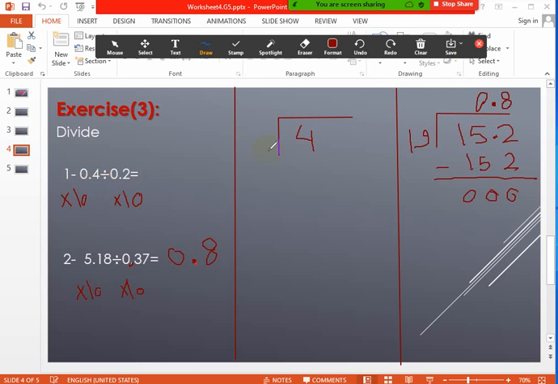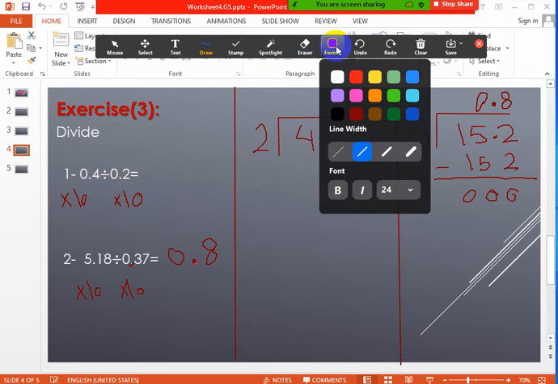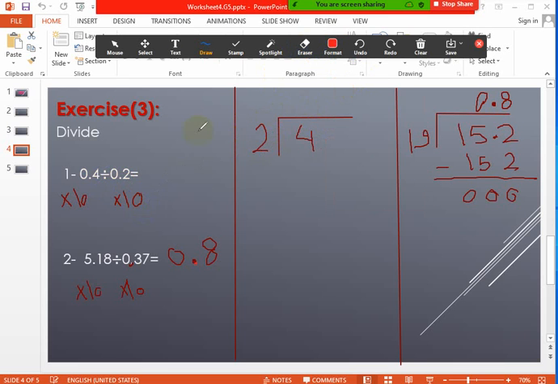So 0.2 multiply 10 also equals 2. Now 4 divided 2. It's very easy. 4 divided 2 equals 2, because 2 multiply 2 equals 4, and if we subtract it, the remainder will be 0. So the quotient will be 2. Thank you, Celine.